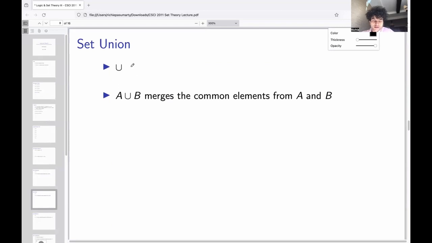Another common set operation is called union. So in English, this reads like union.